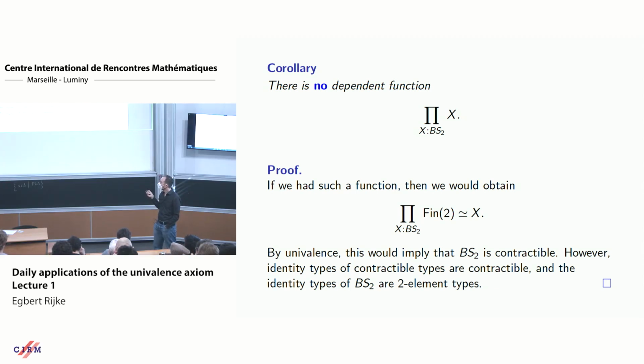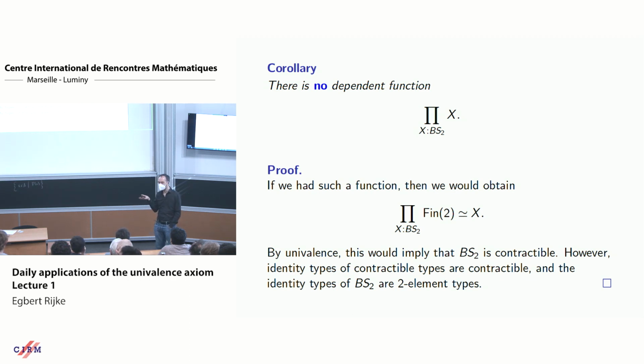This cannot be done. And the reason why it cannot be done is that, well, if we had such a function, we just showed that this X here is equivalent to the equivalences from Fin2 to X. So we use that equivalence to say, okay, we have such a function, then we get an equivalence for every X from Fin2 to X. But the type of equivalences by univalence is the type of identifications.